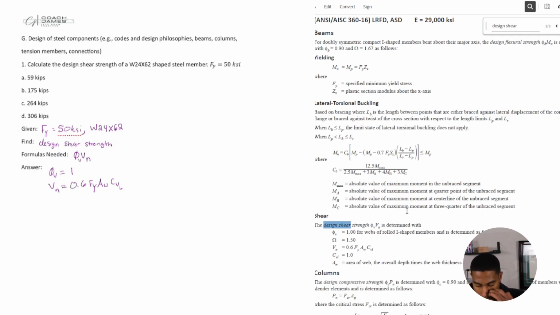Either way, they give it to us, and this Fy is 50 ksi, which is a stress.